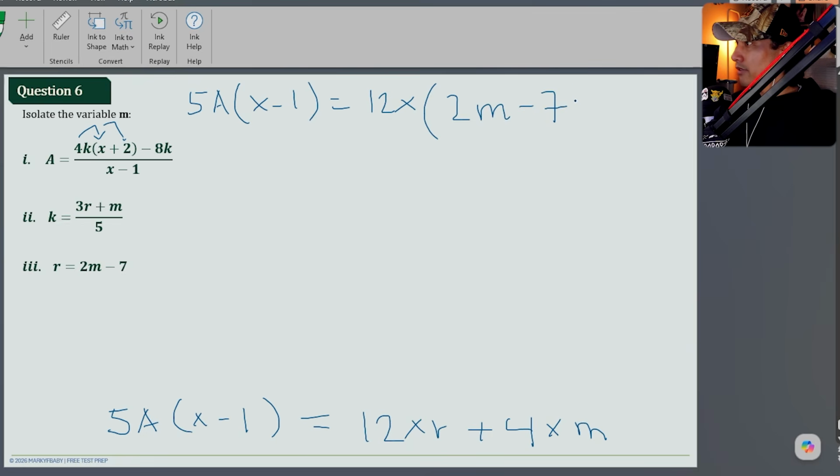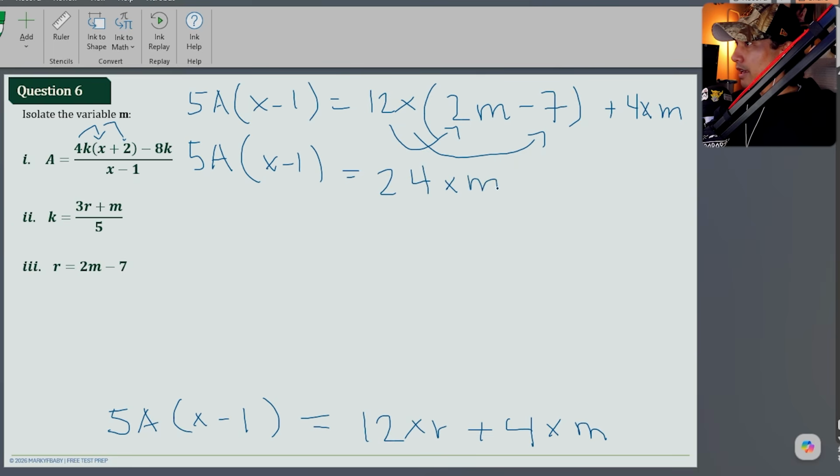So 5a(x minus 1) equals 12x, and then r is (2m minus 7), plus 4xm. And then I'm going to distribute this 12x. 5a(x minus 1) equals 24xm, because 12 times 2 is 24, and then the x and the m just get carried over, minus 12 times 7 is 84, and that's x, plus 4xm.